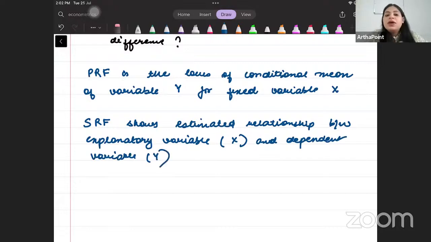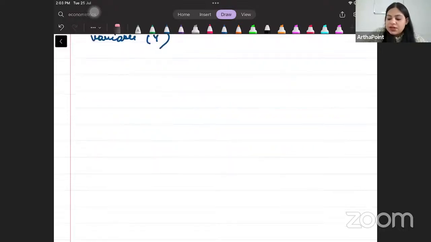So when I give an estimated relationship, saying, okay, among this few people this is the kind of relationship, when I give that estimation, that becomes the sample regression function. Now what you can do is just draw something like this: population regression function, sample regression function, and draw a line between the two.